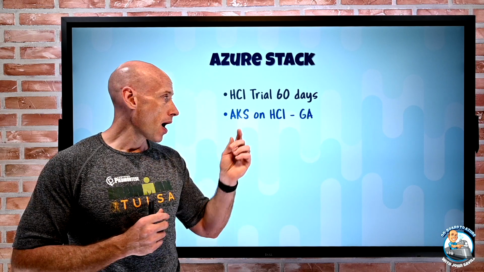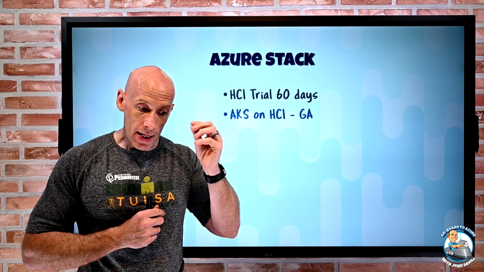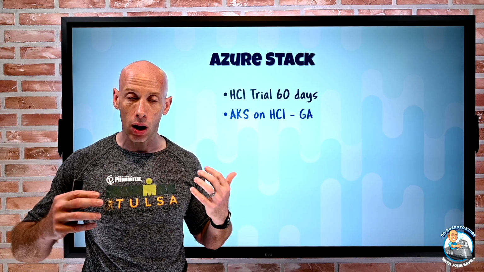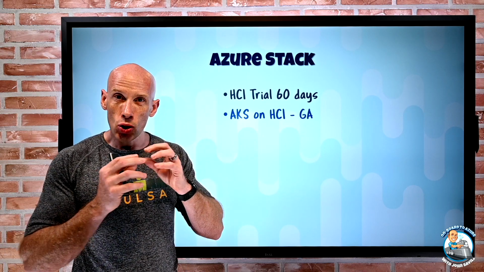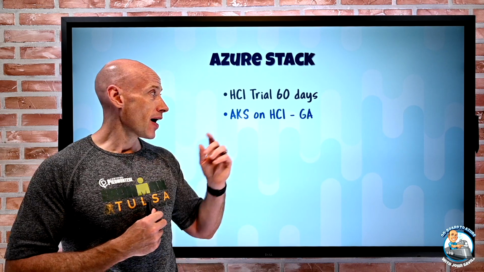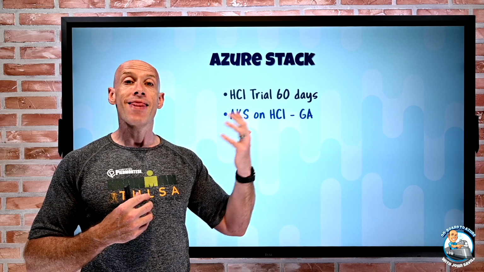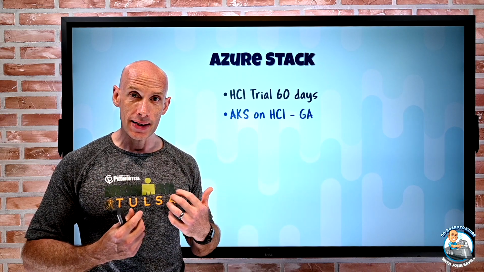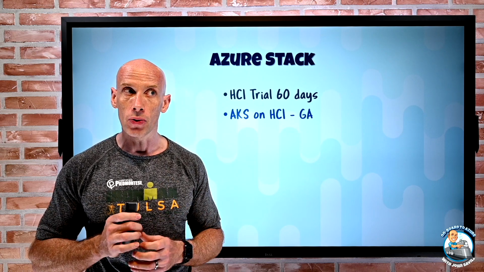Then on top of that, I could apply Arc for Kubernetes to then actually have the workload management, the GitOps, the monitoring. So those two things work really, really well together. But now it's very, very easy if I have HCI to just enable AKS on it. And then with Arc for Kubernetes, I can do that full lifecycle management of my actual workloads.